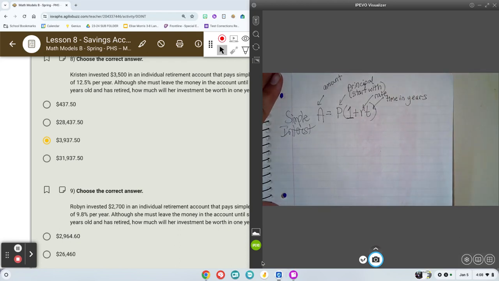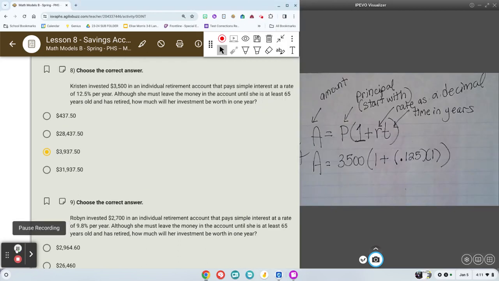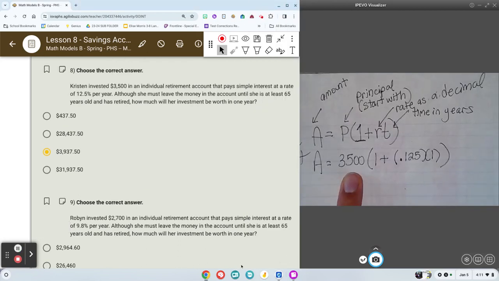So let me plug this all in and I'll explain it. Okay, I have it all here for you to take a look at. The principal that she started with was $3,500. This is the number 1 in the parenthesis we bring down plus RT. When things are stuck together, it means they're multiplied. So I have that shown with parentheses that are stuck together.